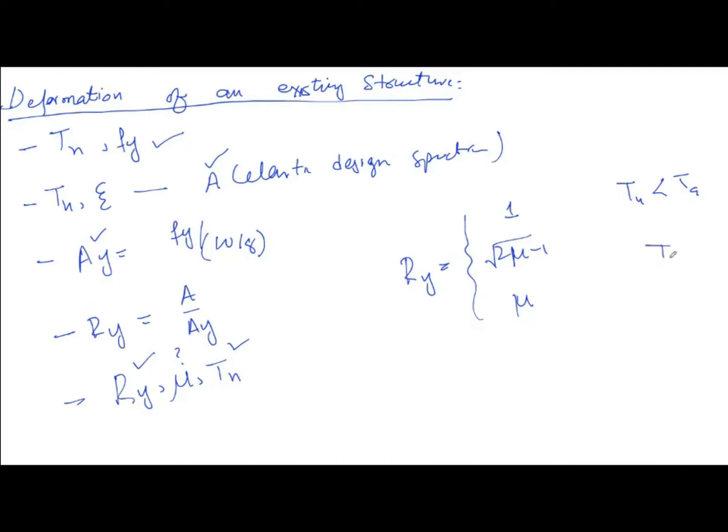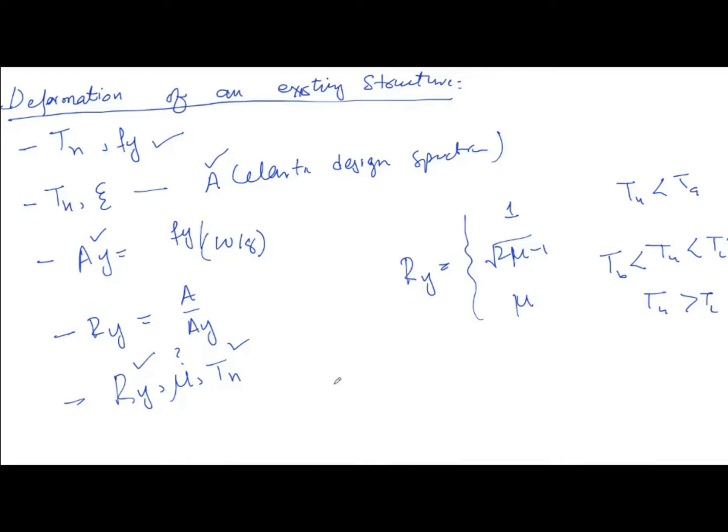If Tn is greater than Tb and less than Tc prime, or if Tn is greater than Tc, we can use these relations to obtain the ductility factor. So you have to rearrange these equations for the ductility and obtain ductility given the Ry.